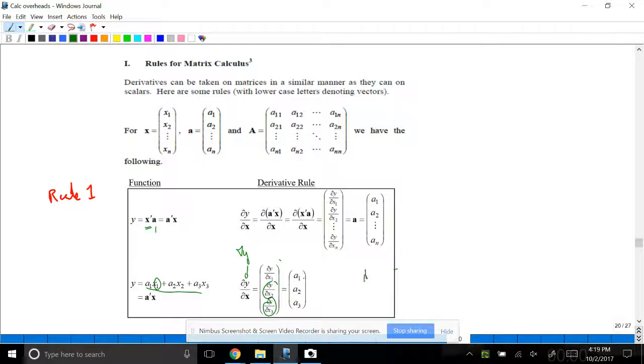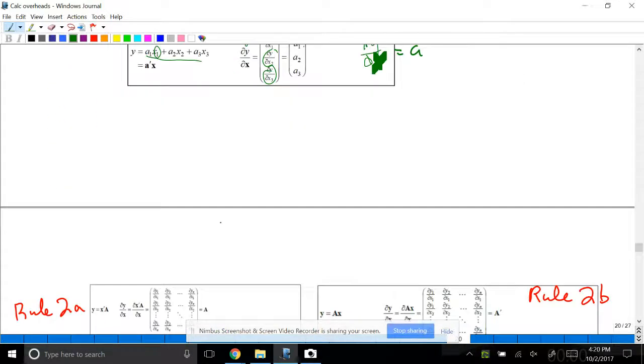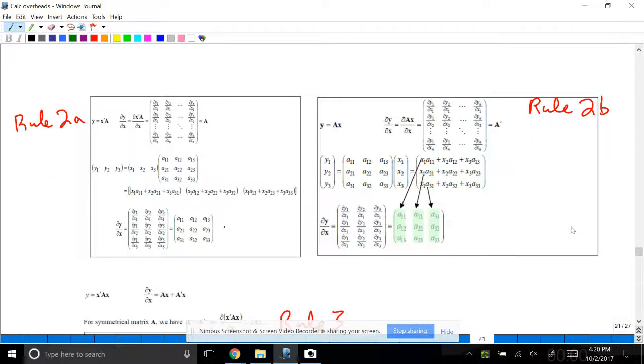So the derivative of y with respect to vector x, make it bold, wow, that's too bold, isn't it, equals a. The derivative with respect to vector x is going to be the a column vector.